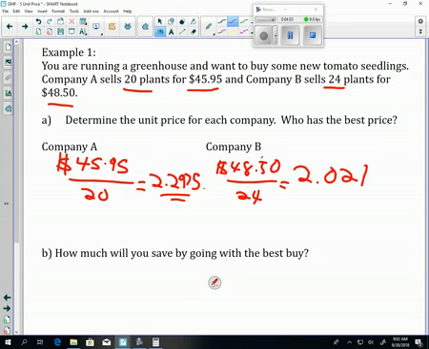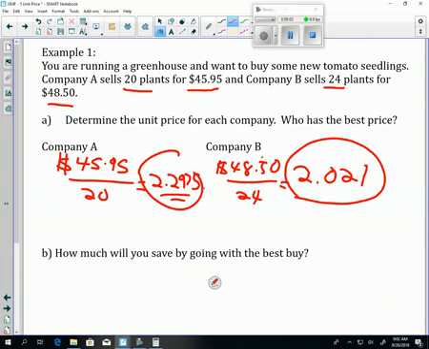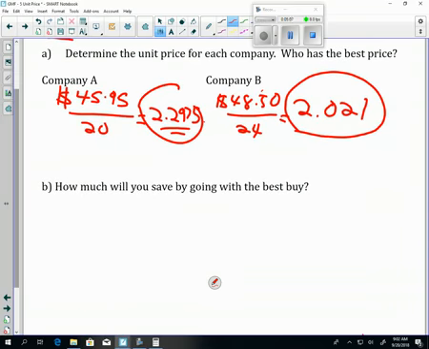So we can see right now that this one is going to be cheaper than this one. And how much would you save? Well, what would be the difference between the two? This one here, we'd have to pay $2.2975 for one.